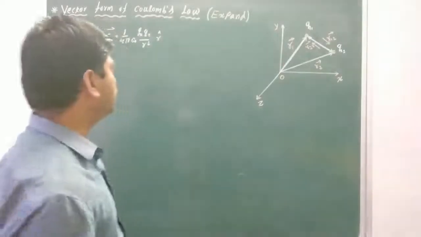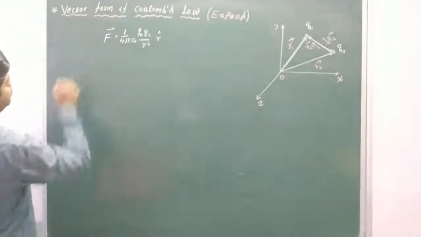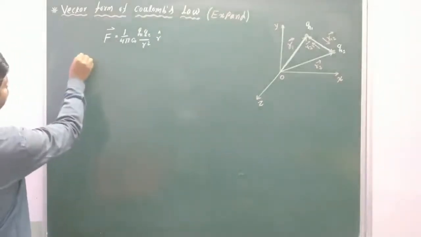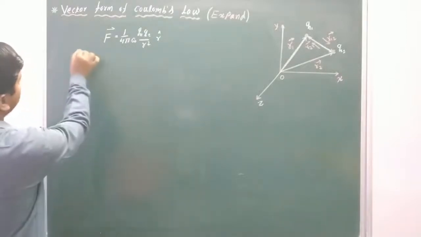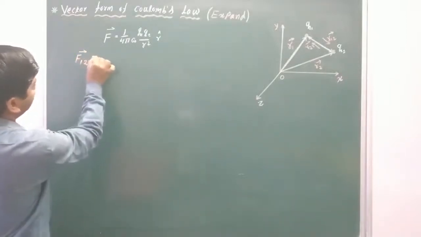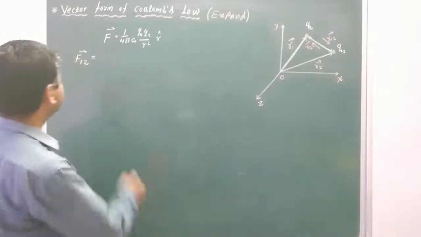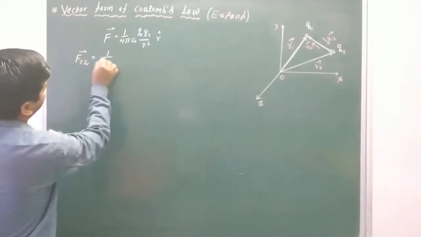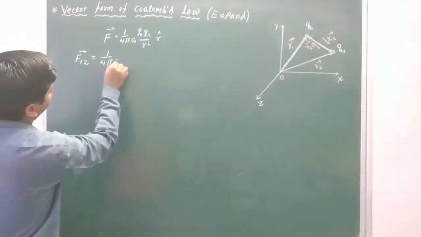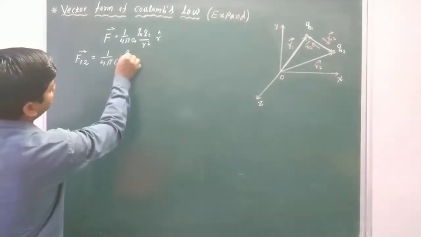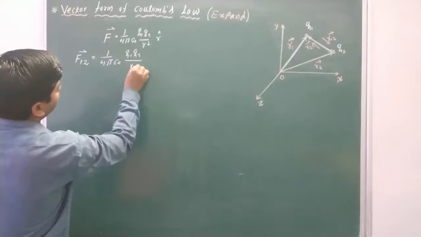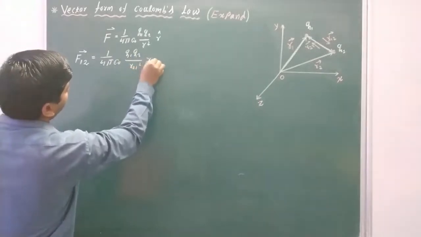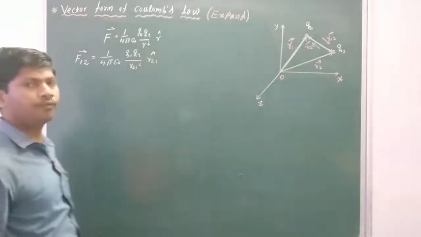First, the force on Q1 charge due to Q2, that is F12, is equal to 1 by 4 pi epsilon naught into Q1 into Q2 by R21 square into R21 cap.